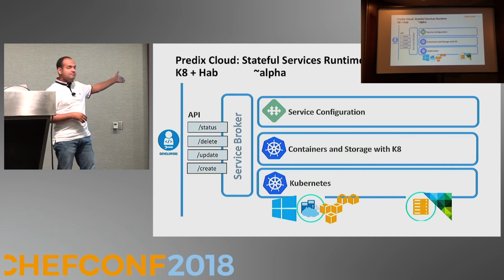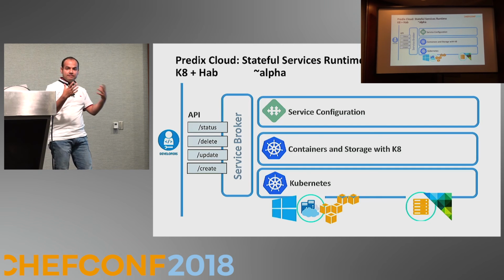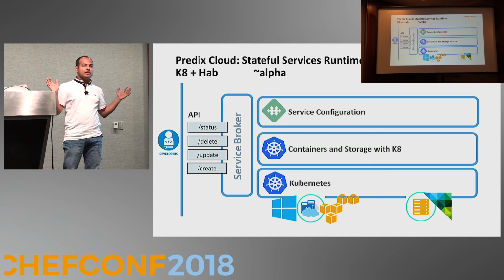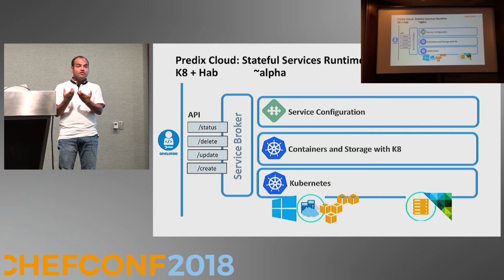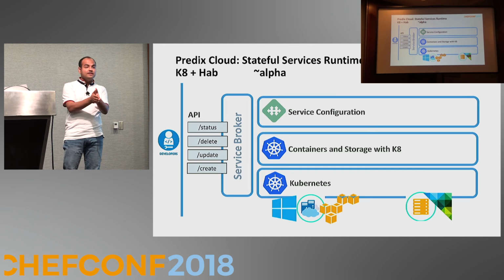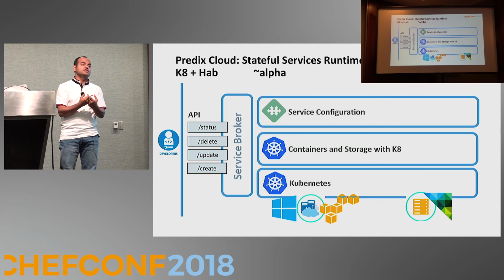Basically the same interface for the developers, so developers don't have to worry about what we are changing. Instead of creating virtual machines and volumes, we're going to create containers and attach storage to them from a storage provider.